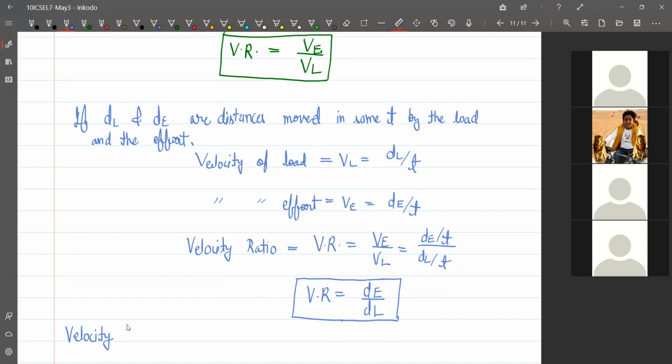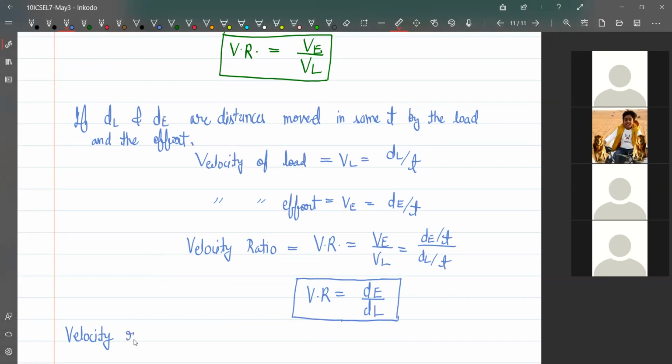So the velocity of your effort is less than the velocity of the tire, the speed of your bicycle. So what are dE and dL? They are the distances moved by the effort and the load in the same time. Okay, sir.